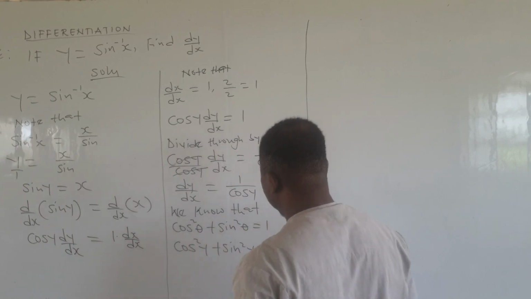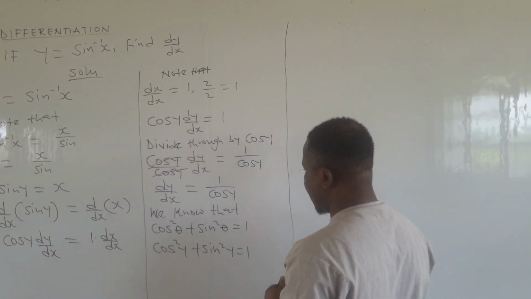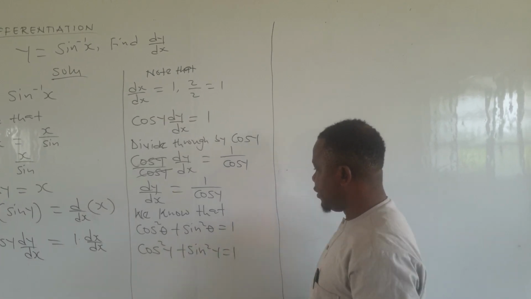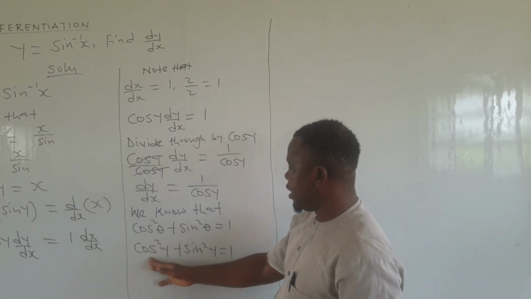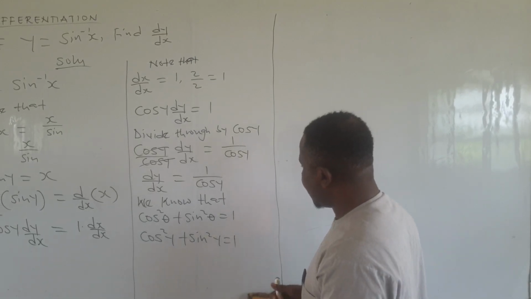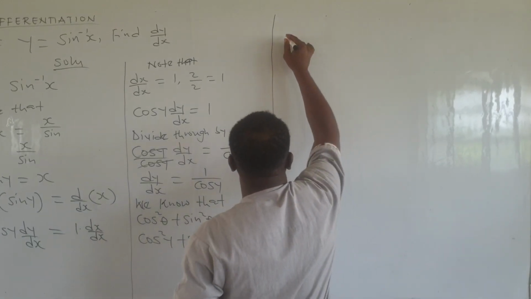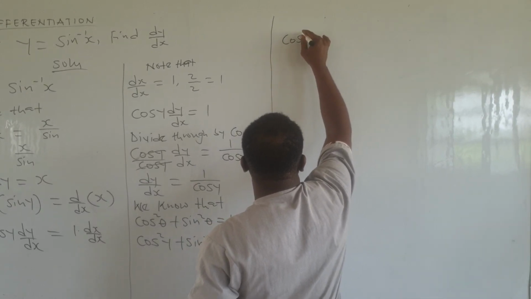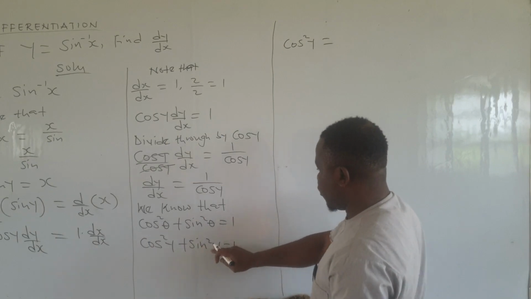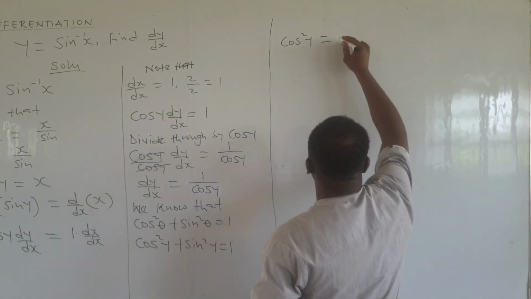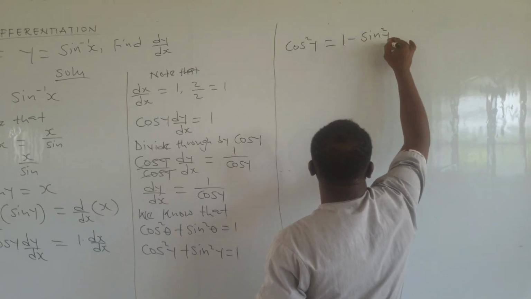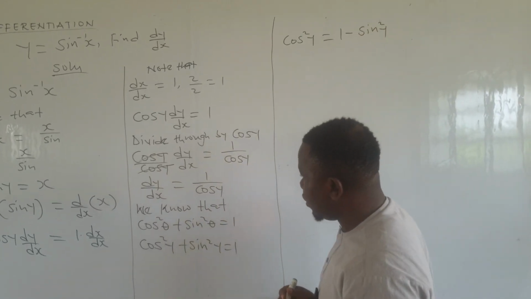So if you agree with me, we want to come up with something. We are going to make cos y the subject of the formula. So our cos squared y is equal to, if sine squared y crosses the sign of equality, it becomes minus, so 1 minus sine squared y. Okay?